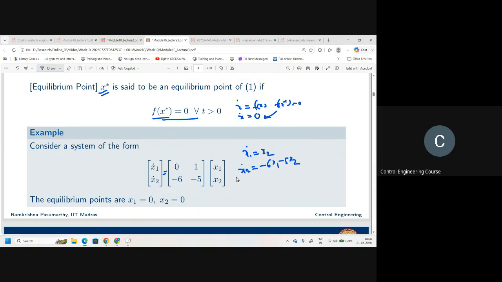So we have to find at what point x1 dot and x2 dot equal 0. If we make x1 dot equal to 0, that means x2 equals 0, right? And if x2 equals 0 in the second equation, then x1 is also 0. So the point 0 0 is the equilibrium point for this system.